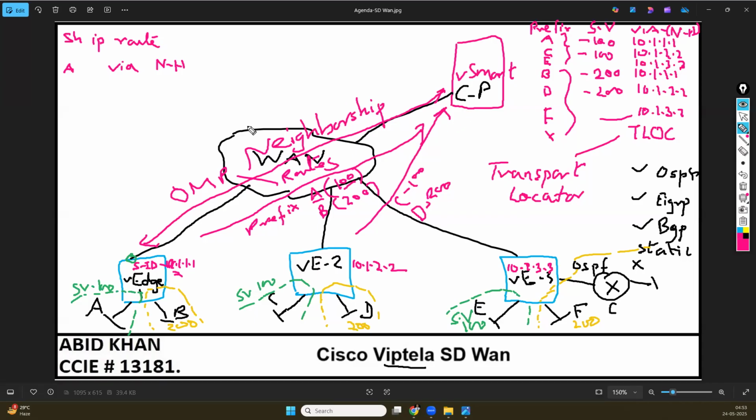So what will happen? The vSmarts, these managers, when they're advertising, they're also informing that, okay, this is our T-lock, and this T-lock is reachable via their real WAN IP, whatever this real IP is.